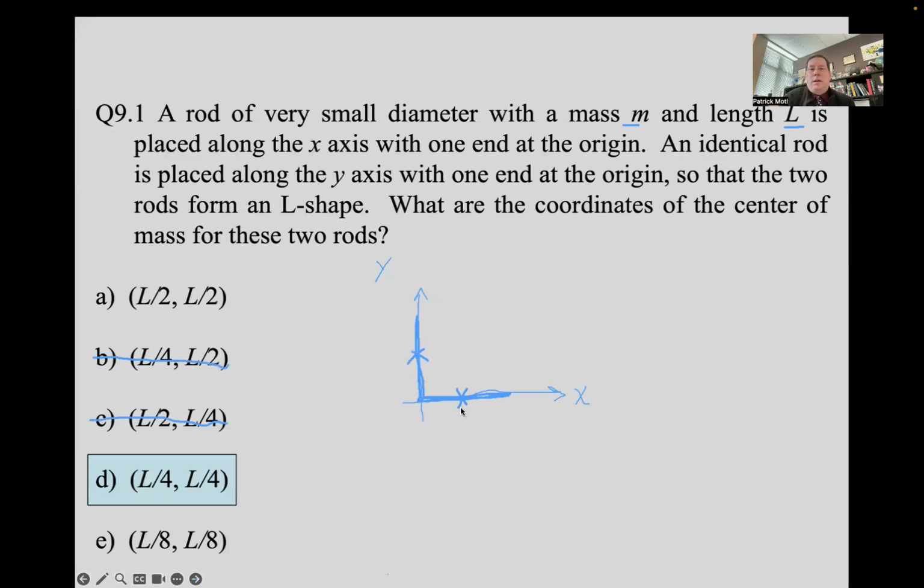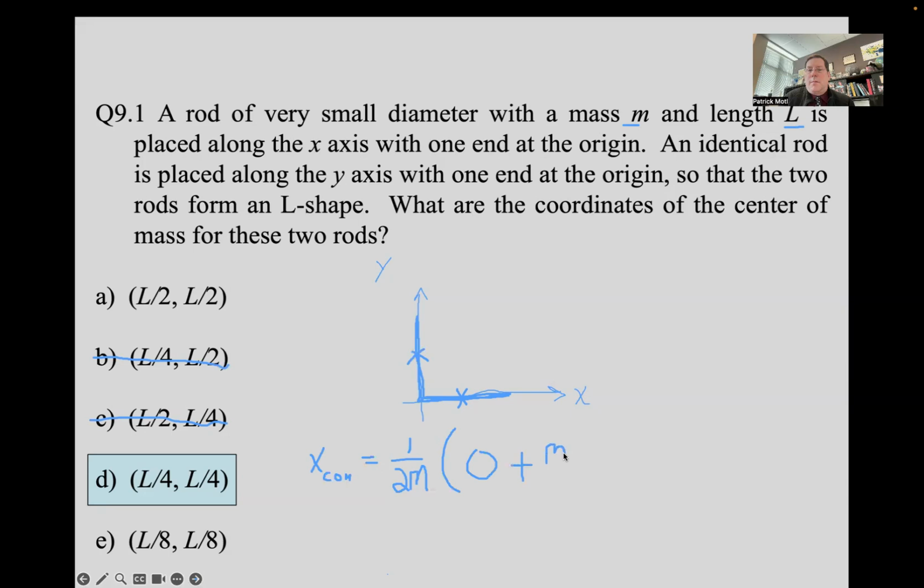And they're both contributing an equal mass. So if we just look at the equation for the x component of the center of mass, I have 1 over the total mass, which is 1 over 2m. I will have the x coordinate of the center of mass of the first rod, which is 0, and then the x coordinate of the center of mass of the second rod times its mass.